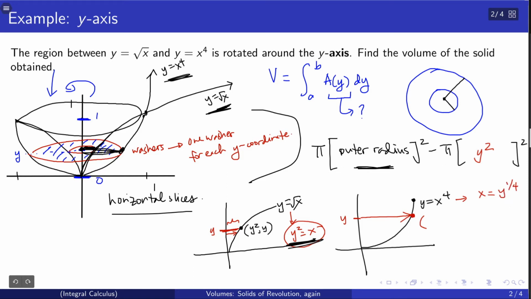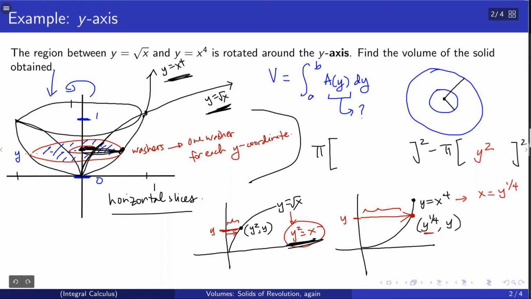So this is the positive 4th root of y. Therefore, this point is going to be the point y to the 1/4 power, comma, y. And this y raised to 1/4 gives us exactly what this outer radius is.